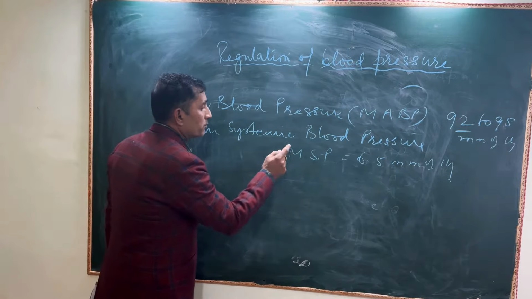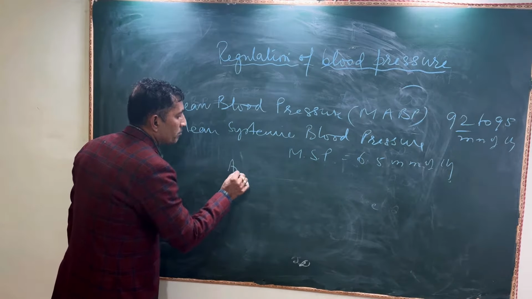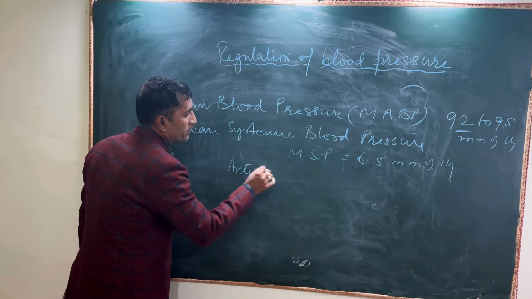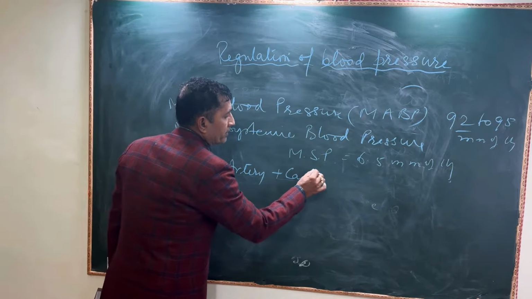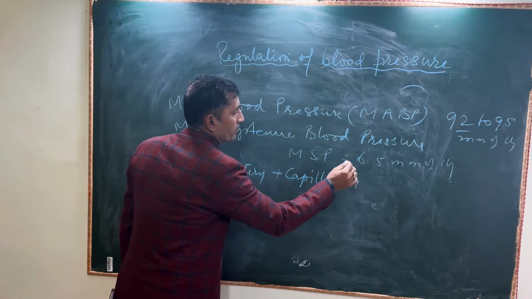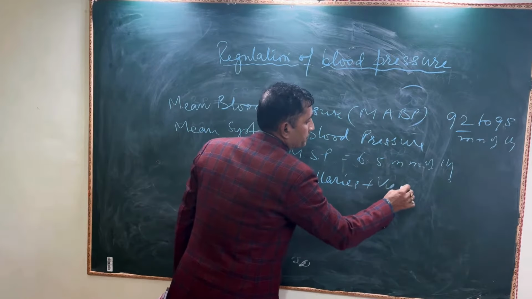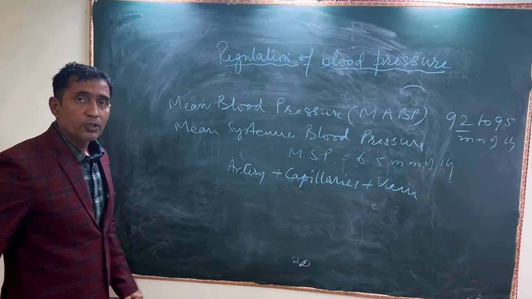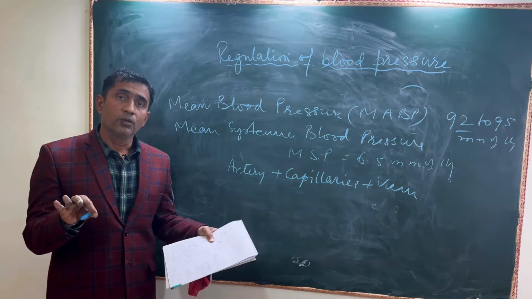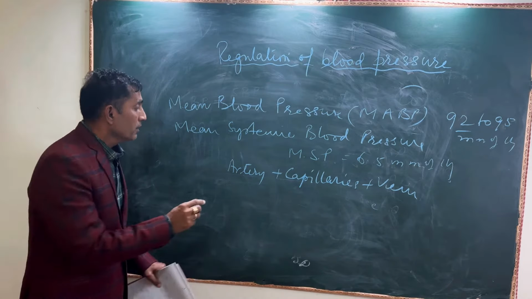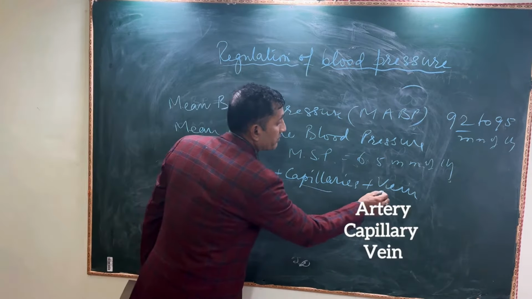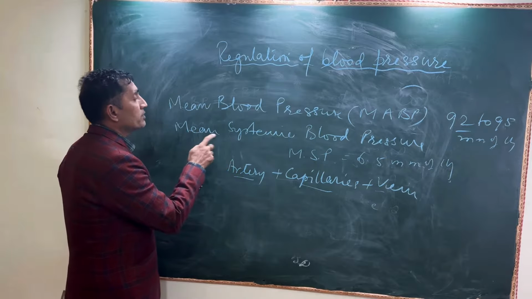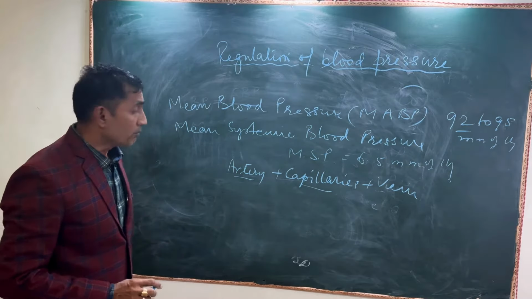But mean systemic pressure is the mean pressure present in the artery plus capillaries plus vein. Venous pressure, capillaries pressure and arterial pressure. So when the heart is stopped, whatever the mean pressure present in the artery, capillary and vein, that mean pressure comes under mean systemic blood pressure.